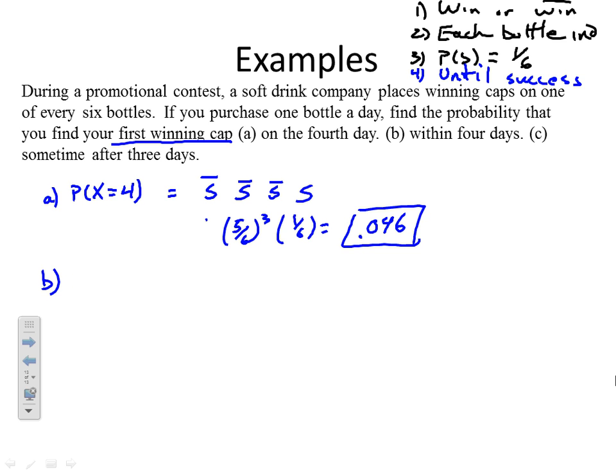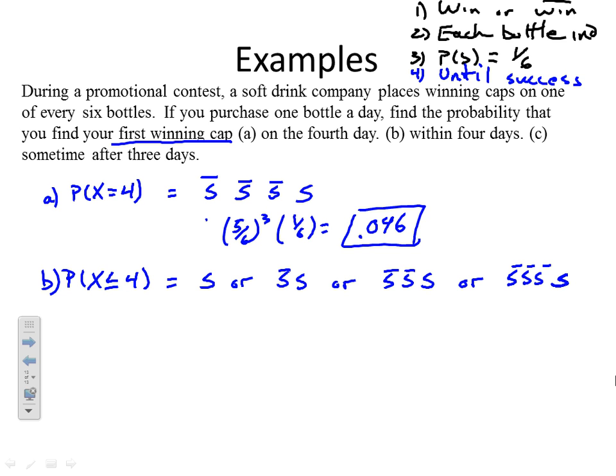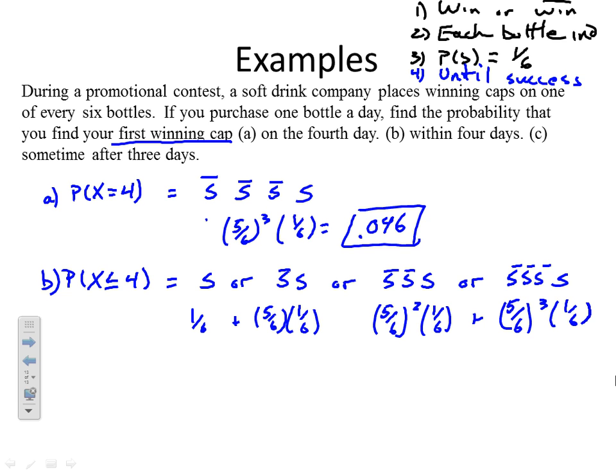Within 4 days. So that could be, turning that here, we could win on the first day, or lose and then win, or we don't have success the first 2 days, or we don't have success the first 3 days. Here it's 1/6 plus 5/6 times 1/6. Here we've got 5/6 squared times 1/6, and then here 5/6 to the third times 1/6.